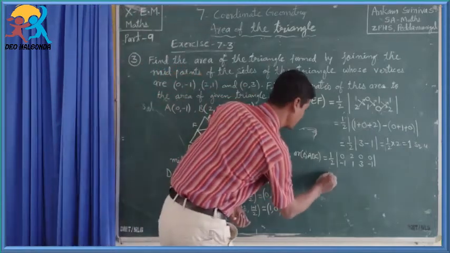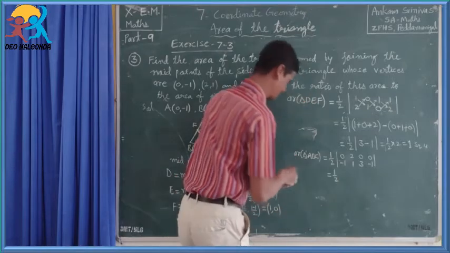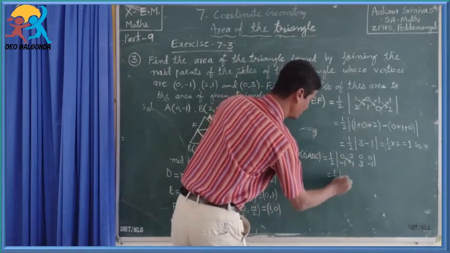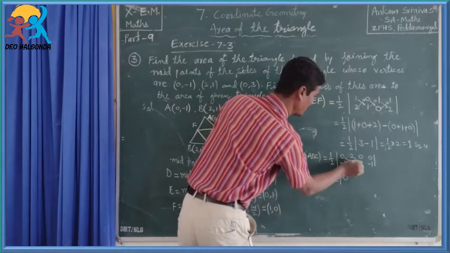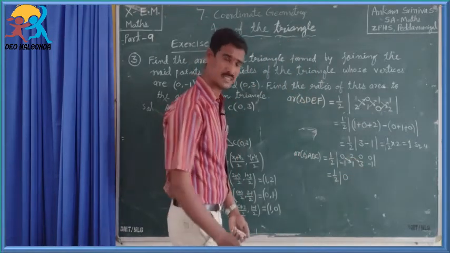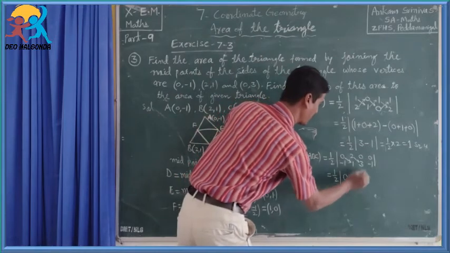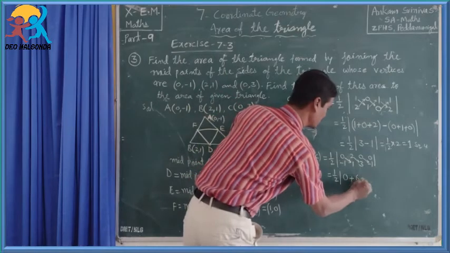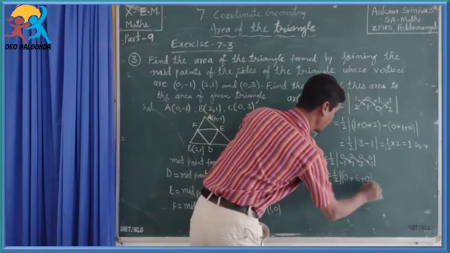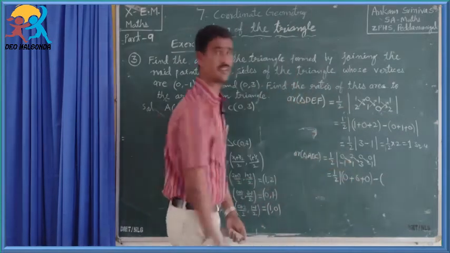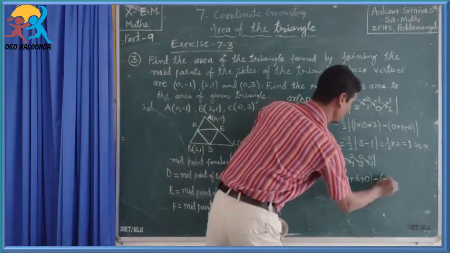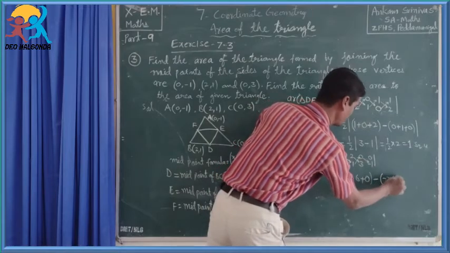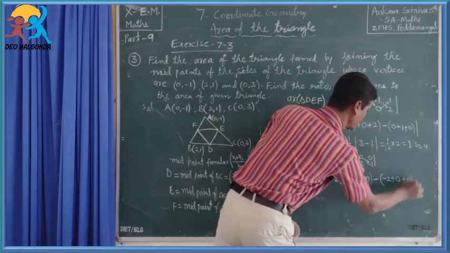Now the same method, product of these two: 0 into 1, 0, next product of these two, 2 3s are 6, and here 0 into minus 1, 0. Now minus half, minus 1 into 2, minus 2, 1 into 0, 0, 3 into 0, 0.